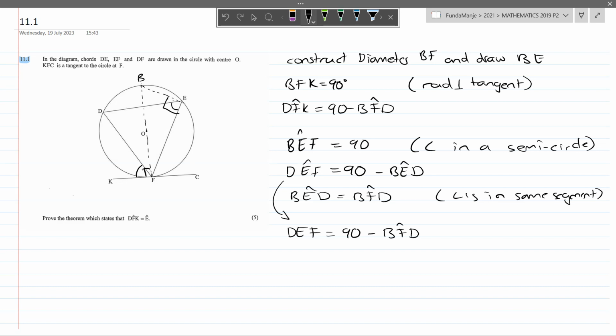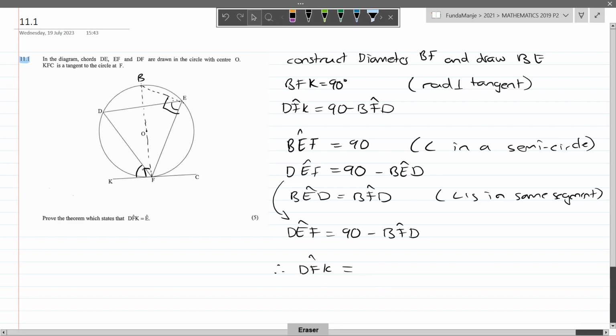Then, since we have now expressed DEF in terms of BFD, and we've also expressed DFK in terms of 90 minus BFD, and we see that they are the same, we can therefore say DFK is equal to DEF. And remember, DEF in this case is just the angle E, so you can write E, and then that is proved.